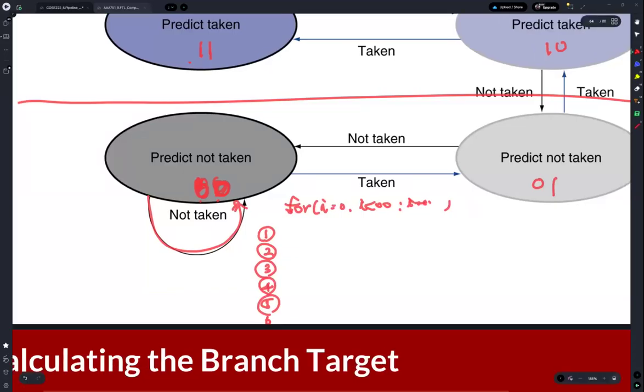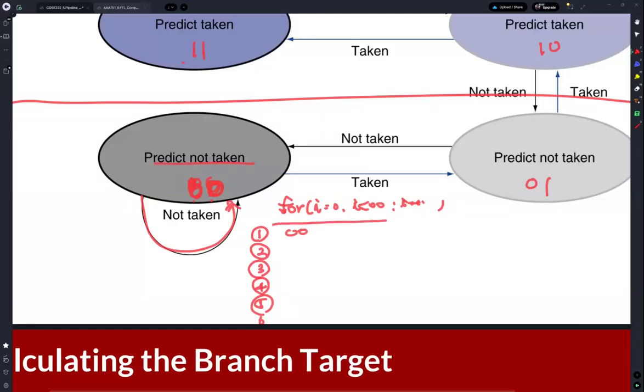We start from 00. This is the prediction, and this is hit or miss.